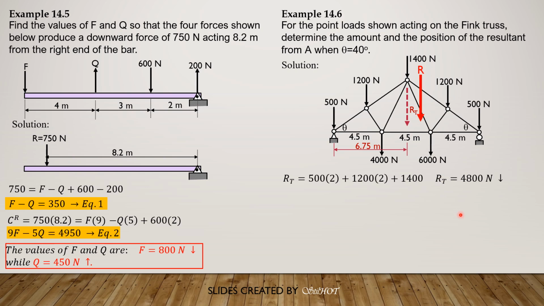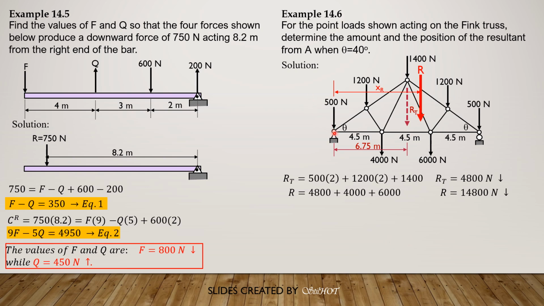Let us say that's the location, and its location from A is denoted by X sub R from the left end. So the resultant, considering downward positive, is 4,800 plus 4,000 plus 6,000, so that would be 14,800 newtons downward. And to locate it, we use Varignon's theorem.